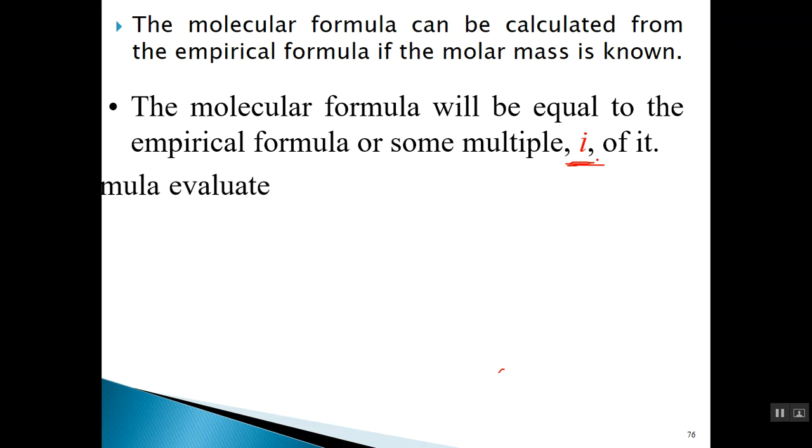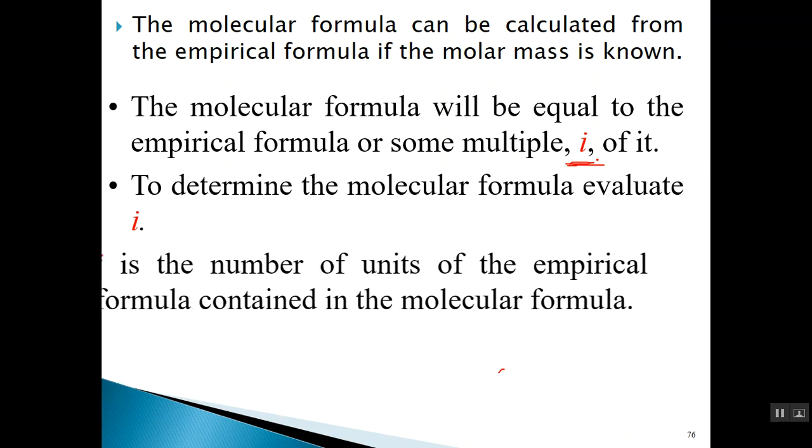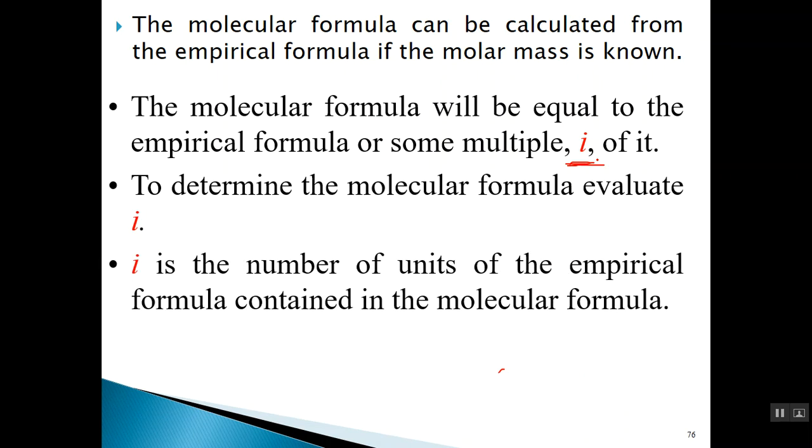So basically, what you need to do is to determine the I value, and the way you do that is that you take the molar mass of the compound and you divide it by the empirical formula mass. Now, the empirical formula mass is basically the formula mass of the empirical formula, and you get that by adding all the molar masses of all the elements according to the empirical formula.